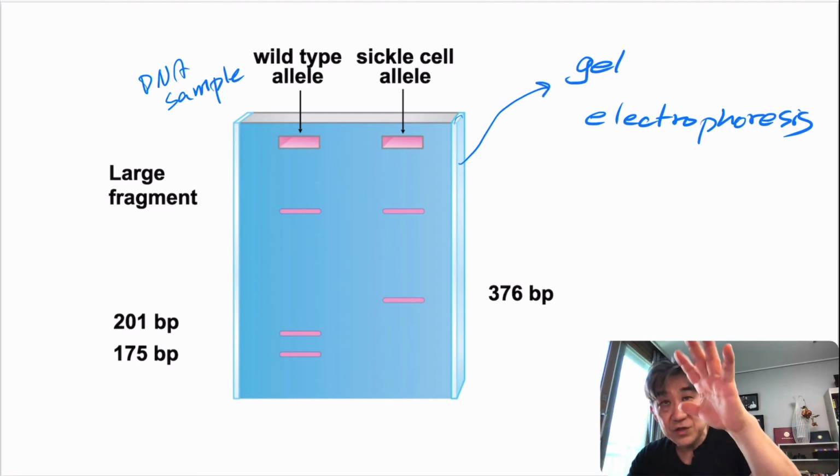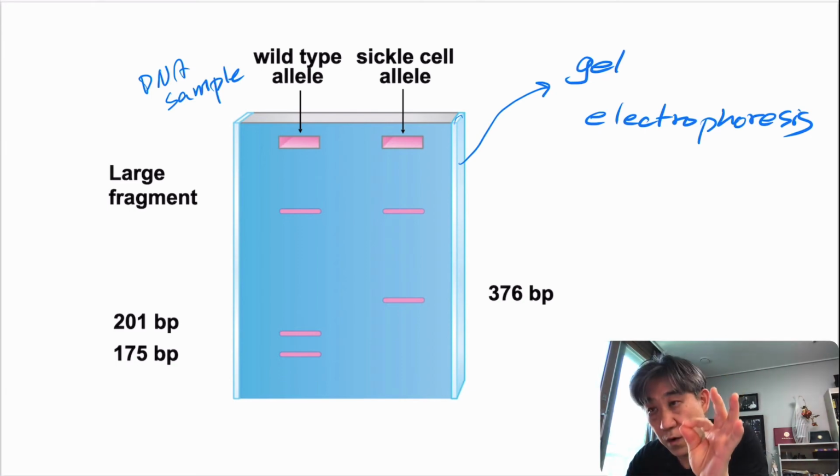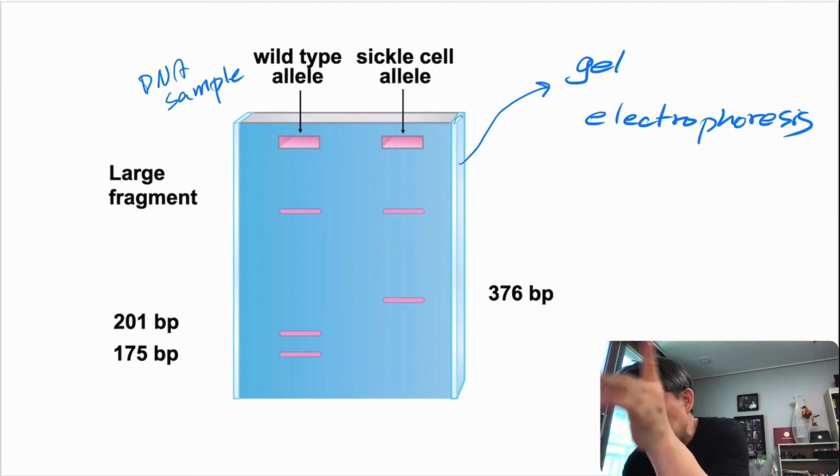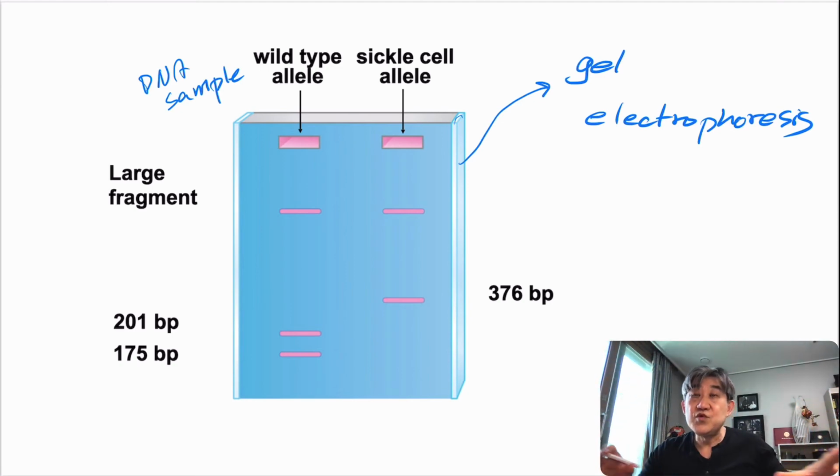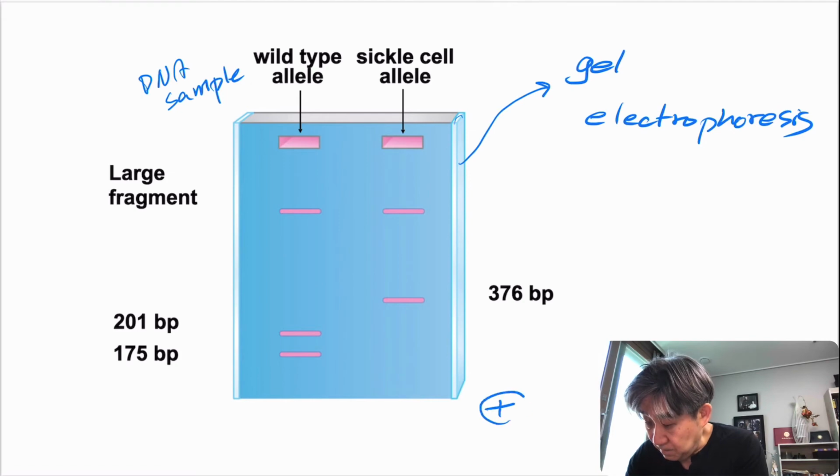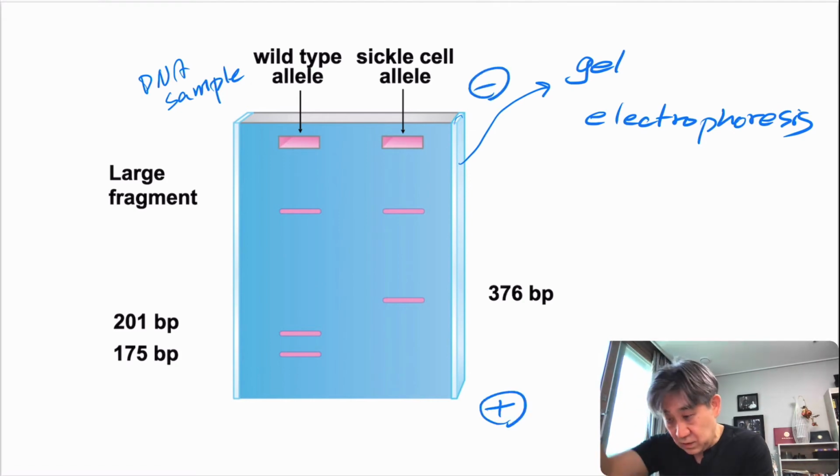It's a flat gel, but this material contains small pores, and through those pores DNA can move around, and you apply electricity to this gel. So here at the bottom is the positive pole, and at the top the negative pole.